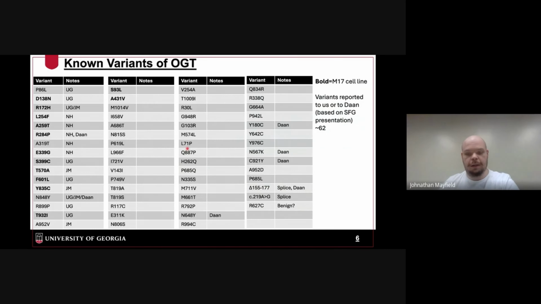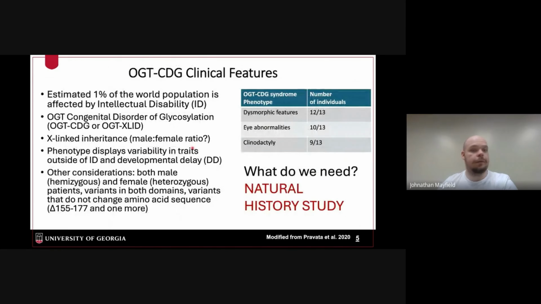If you'd asked me 5 years ago, I would have said this is an X-linked recessive disorder, right? That you would need 2 copies for a female to be affected. But we know that's not true anymore. And so we definitely have a lot to go.